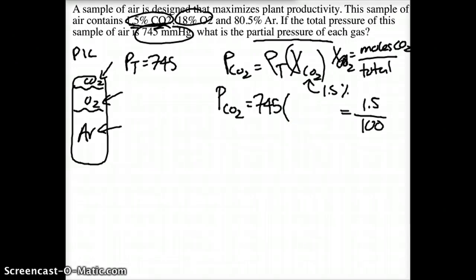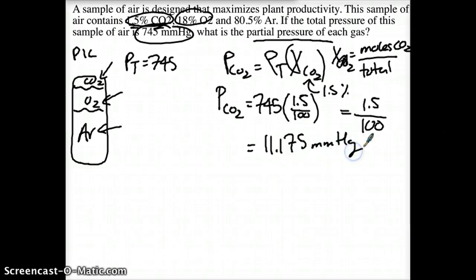So what is that as a decimal? 1.5 out of 100? Well, you'd plug it in right here. You do the math, and we'd get 11.175 millimeters of mercury. You can check for your sig figs.